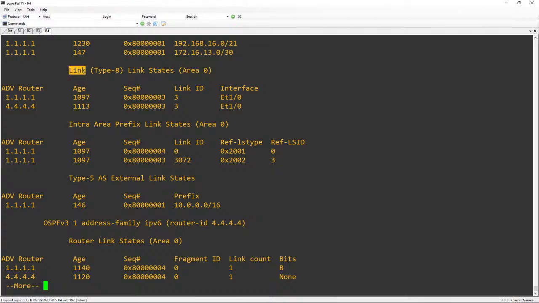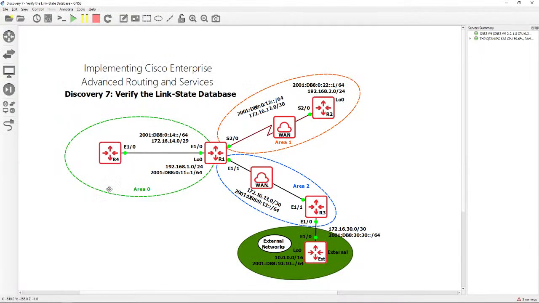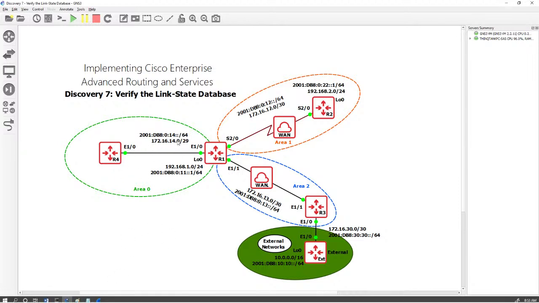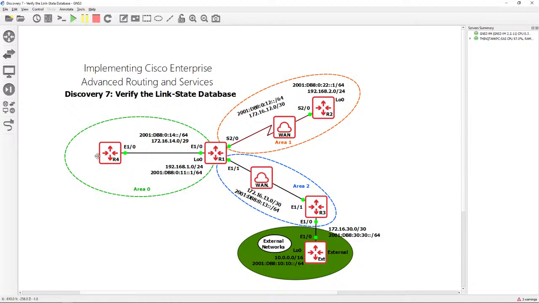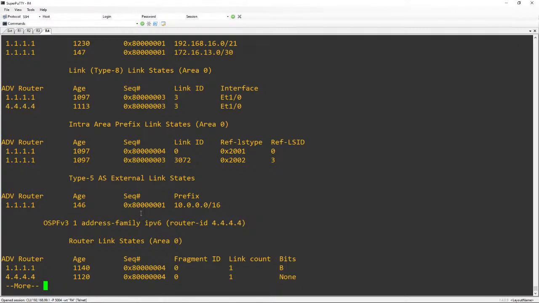I would only have the type 8s from people in my common subnet. There's two routers in this subnet, router 4 and router 1. So that's where the scope is going to be limited to. If there was another router behind router 4, router 1 would not see that router's type 8s because they're link local scope.